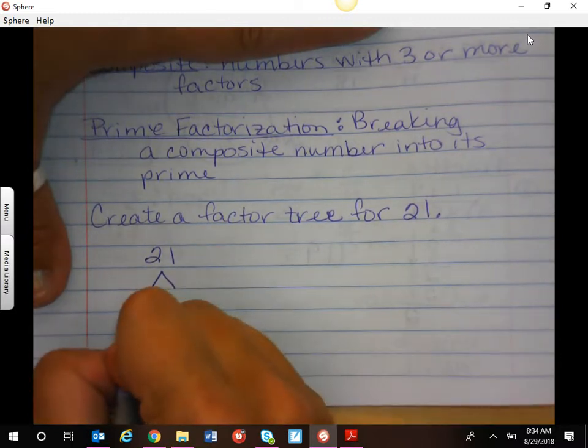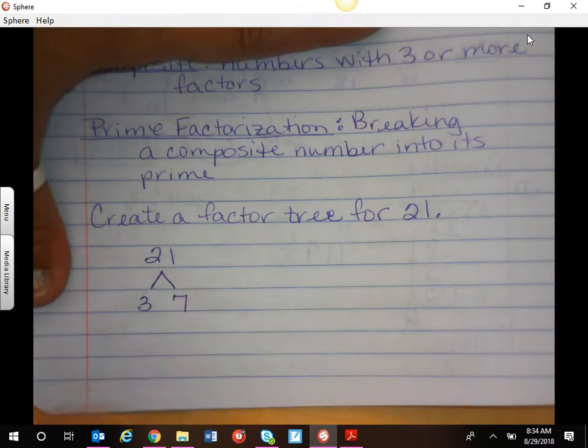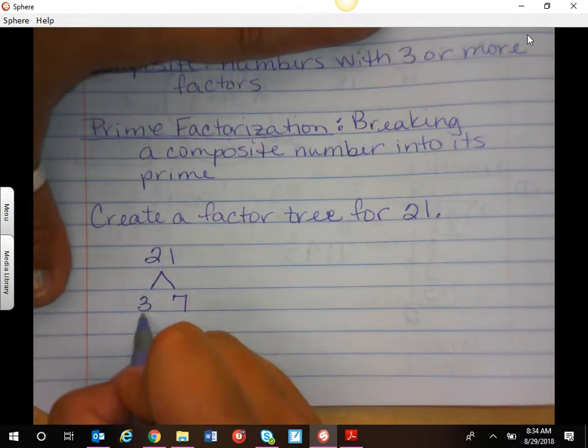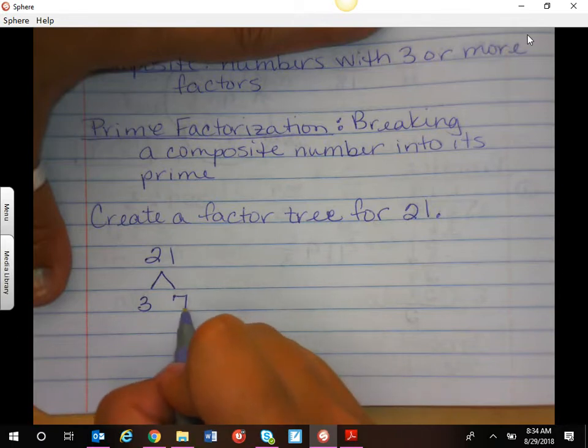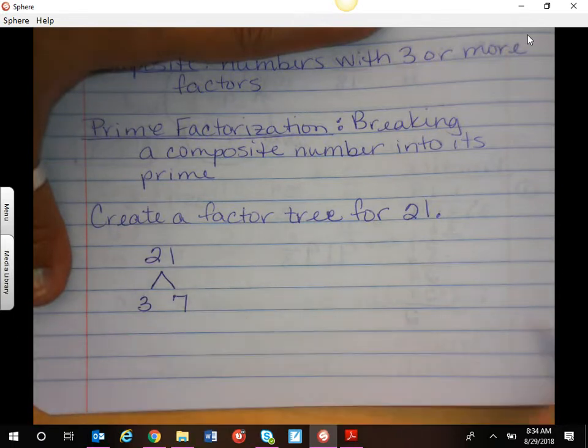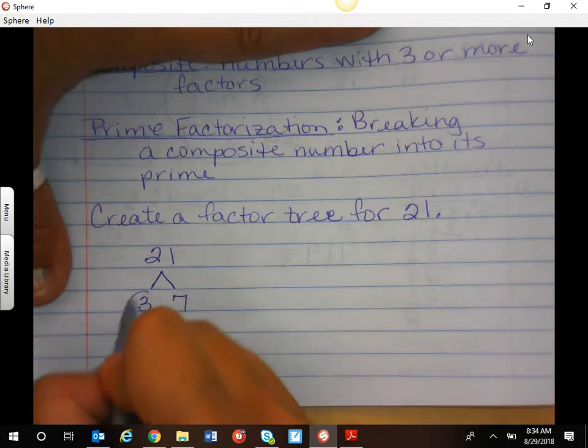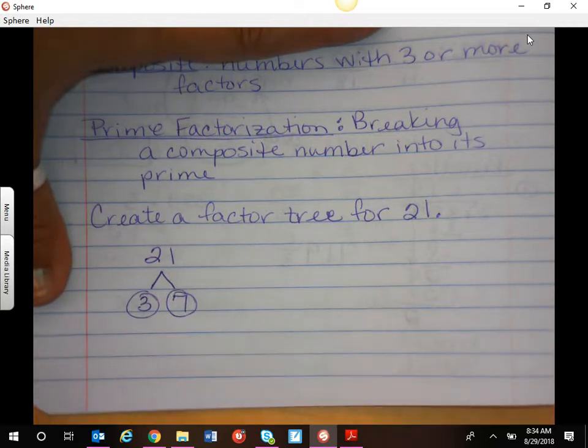So I'm going to write 3 times 7. And then let's think about what makes 3. Well, 3 is actually prime, because the only thing that makes 3 is 3 times 1, and 7 is prime also, so 7 times 1. So these are the prime factors of 21.